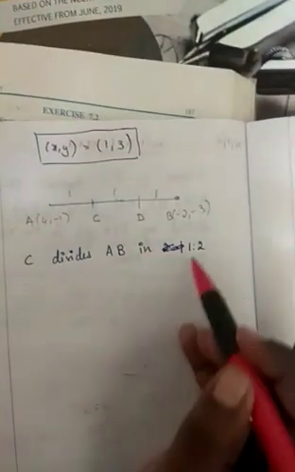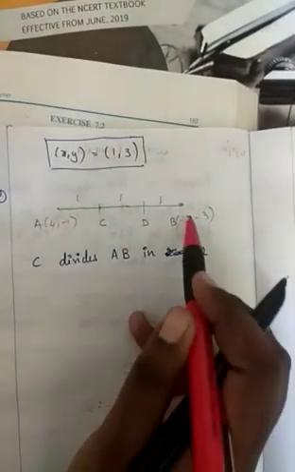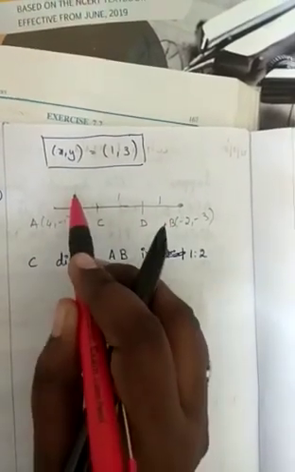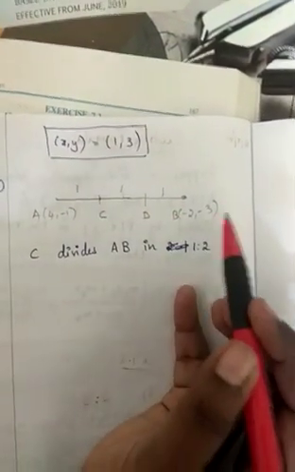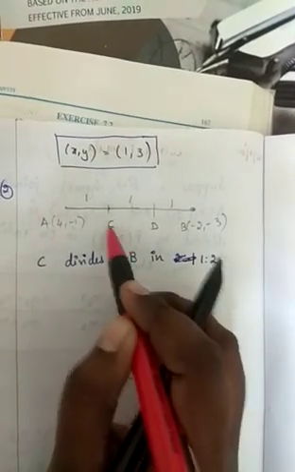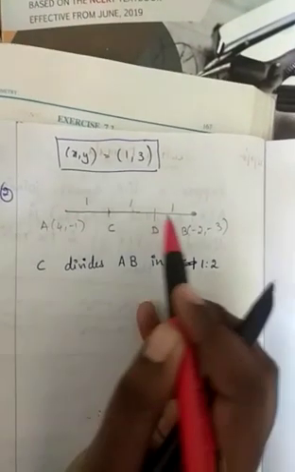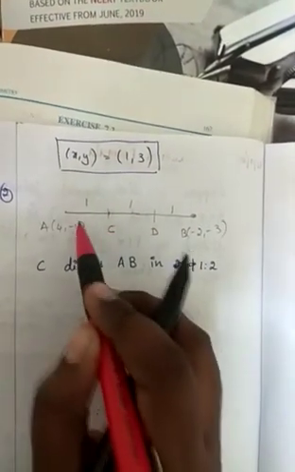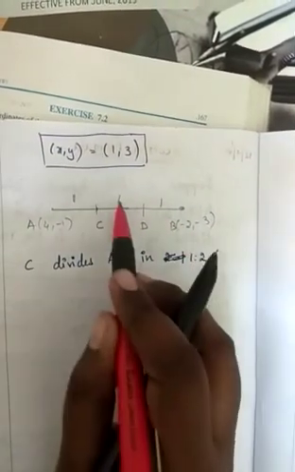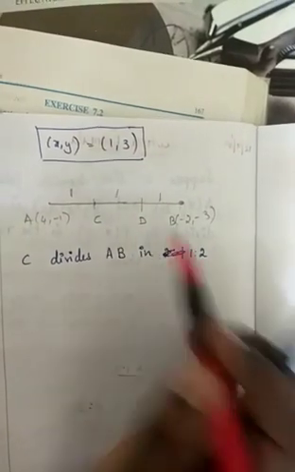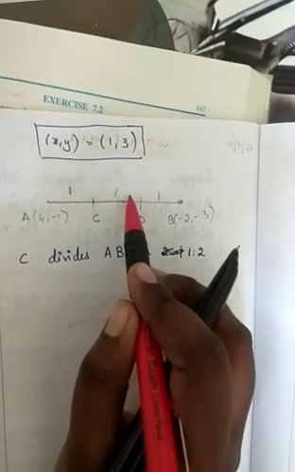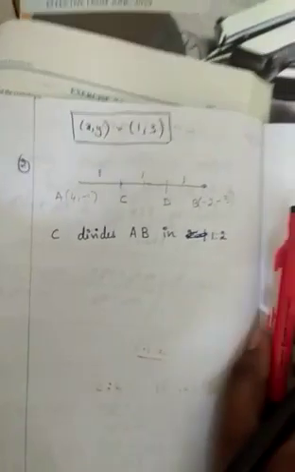Again I'm saying why it is 1:2. All parts are equal, so everybody has the same number, and we take it as 1 because that is easier to multiply with. For C, we see how many parts are on the left side and how many on the right. On the left there is only one part, so we write 1, and on the right there are 1 plus 1, so you write 2. So C divides the full line in the ratio 1:2.